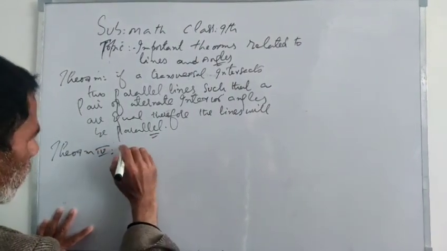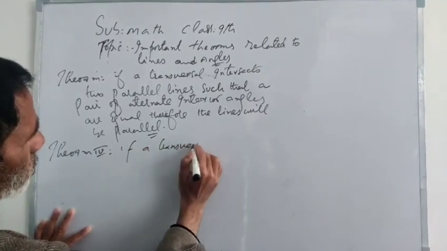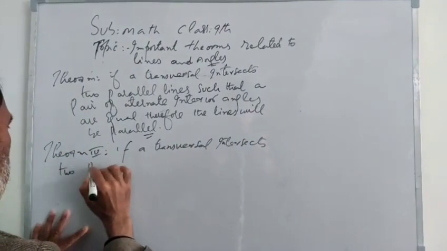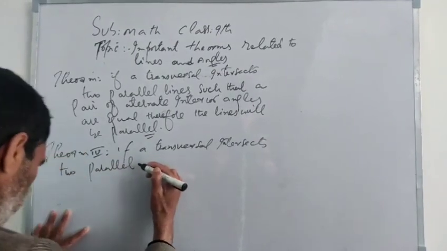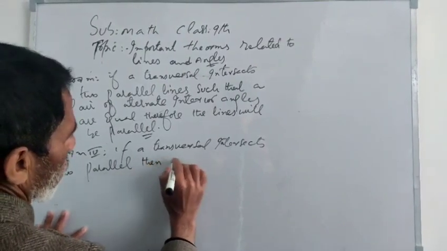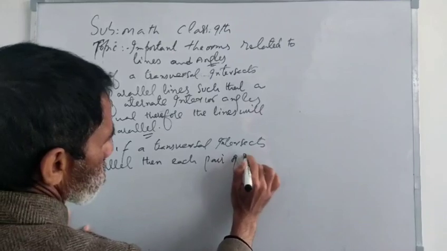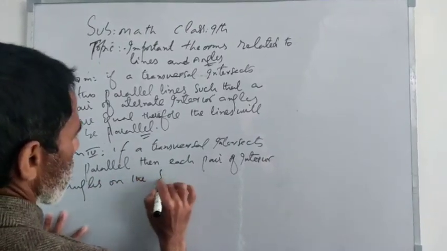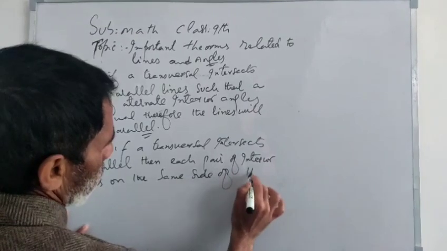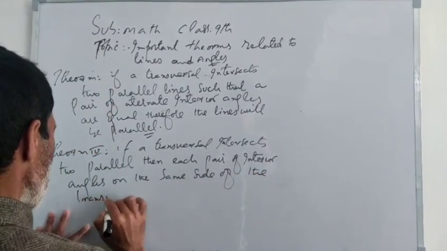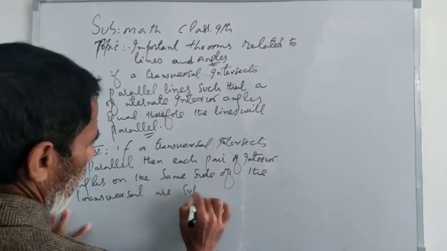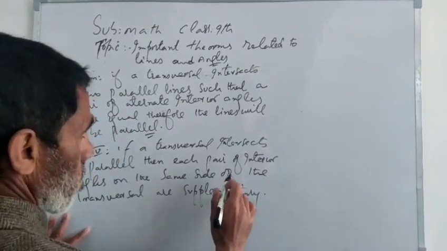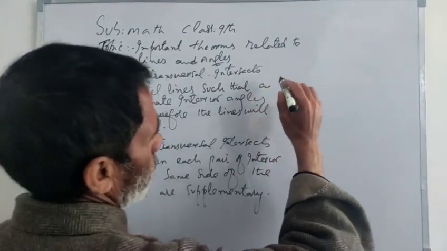Theorem is, if a transversal intersects two parallel lines, then each pair of interior angles on the same side of the transversal are supplementary, that is, their sum will be equal to 180.